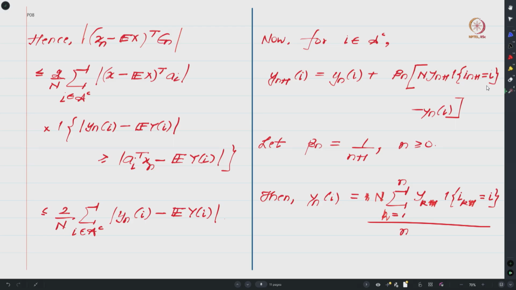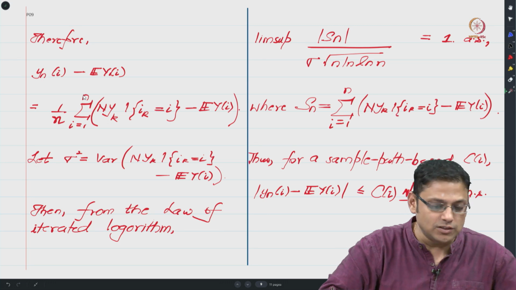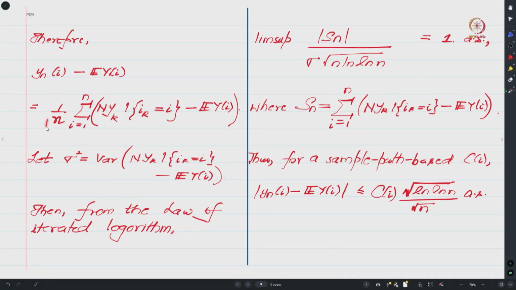Now because of our assumption, these random variables that we are using over here are independent and identically distributed. In particular, if you take y_n(i) and subtract the expected value of y(i), then one can show that because of the presence of n over here, you have 1 over n and this sum of random variables of the following form, and this random variable one can easily show is of 0 mean.